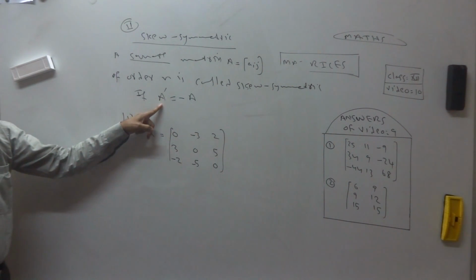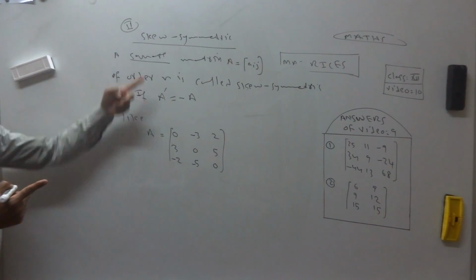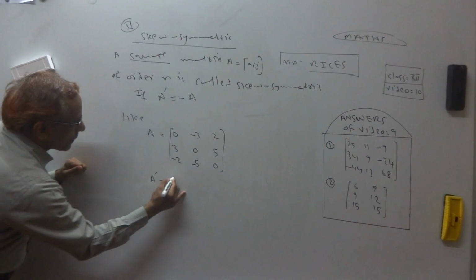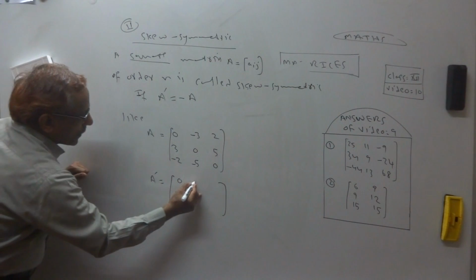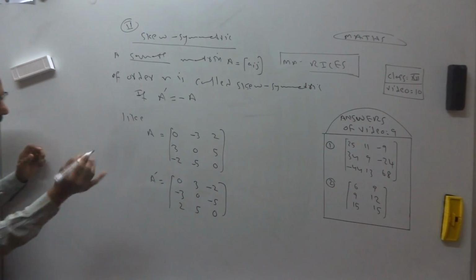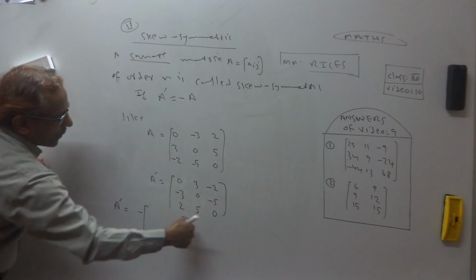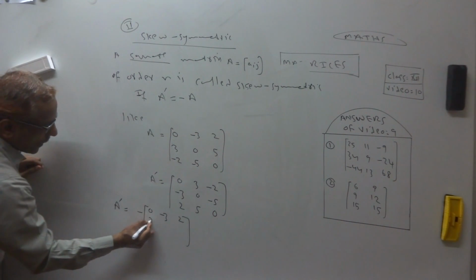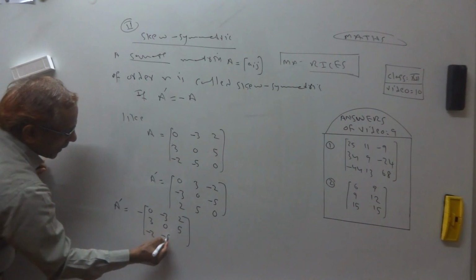When A transpose is same as minus A, then A is called skew symmetric. You take transpose first. First row is first column, second row is second column, third row is third column. I have taken transpose. Now you take minus common from all. 0, minus 3, plus 2, plus 3, 0, minus 5, minus 2, plus 5, 0.